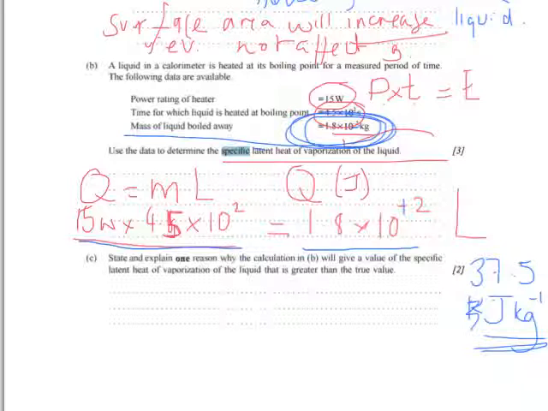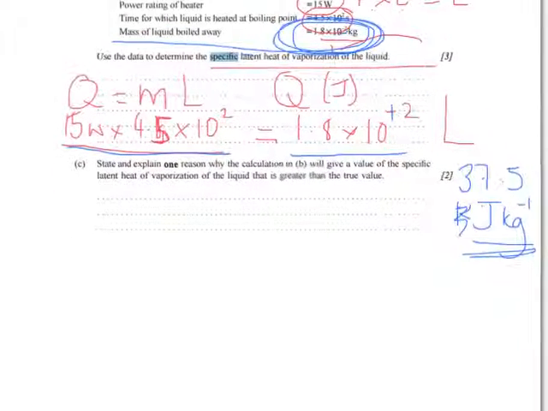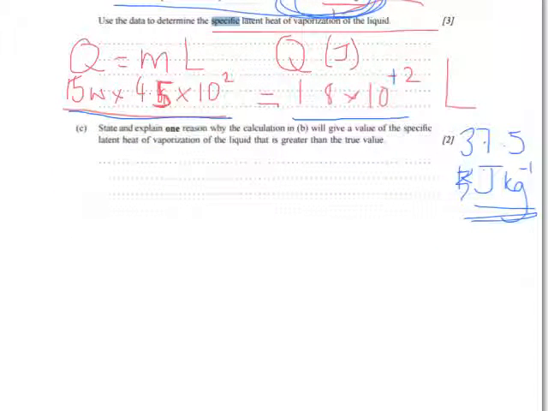Our last question, this one's a little bit different to the last explanation, because it asks you to explain one reason why the calculation is greater than the true value. So you need to be way more specific than before. Don't just say that Q is lost.